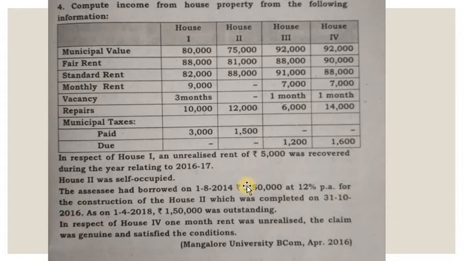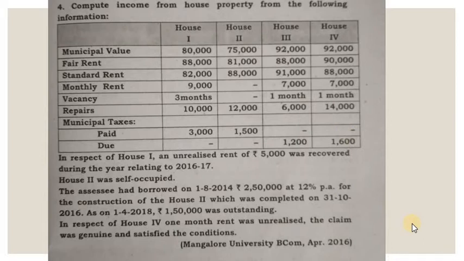Till then we have to calculate the interest. For the previous year, the outstanding amount of loan is 1,50,000, so we calculate the interest. Then in respect of house 4, 1 month rent was unrealized. The claim was genuine and satisfied the condition. So for house 4, there is unrealized rent, which we have to deduct.